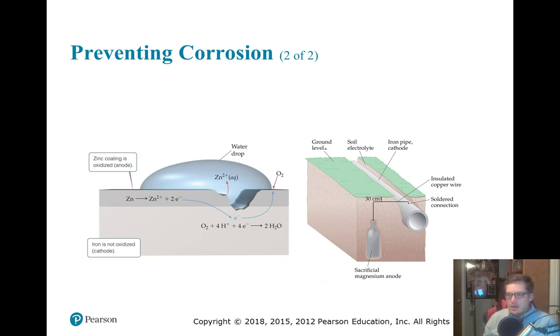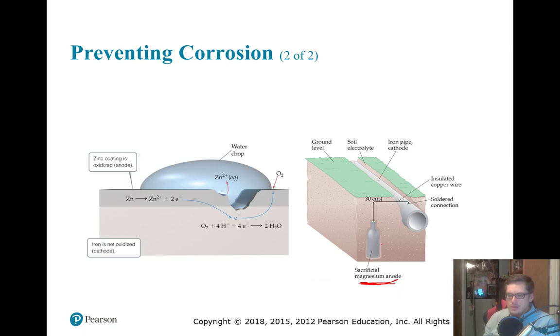All right, and then with a sacrificial anode, here they're using the example of a magnesium anode, which is pretty common. You've got this metal pipe underground, usually made out of iron or something like that, and then you've got your copper wire connecting your pipe to the sacrificial anode. Because it's connected to the iron pipe, the magnesium will end up being oxidized instead of the iron pipe.